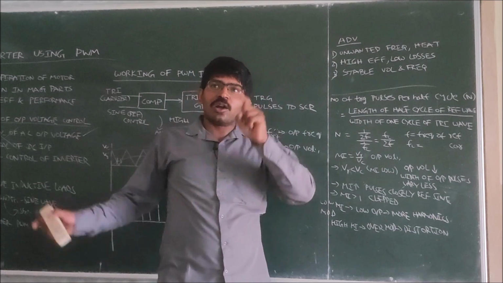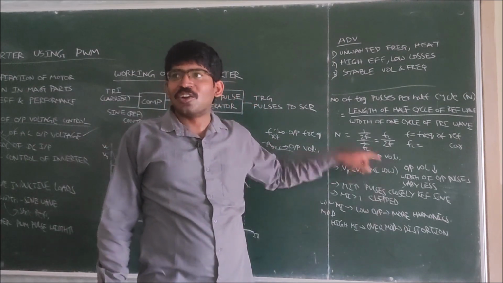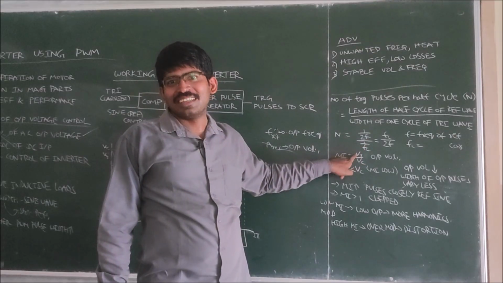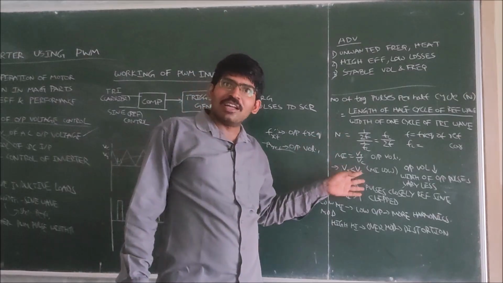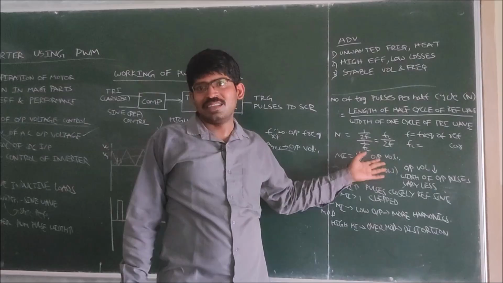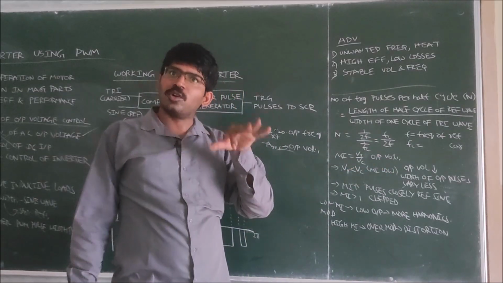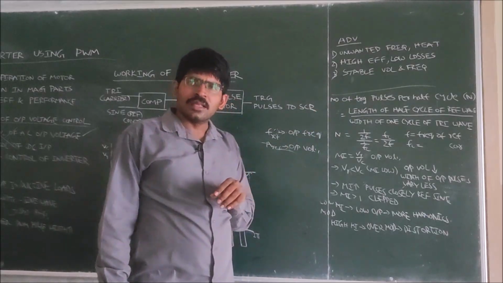In order to control the output voltage of the inverter, if we control this modulation index, then the output voltage will be controlled. This modulation index is controlled by using VR, the reference voltage. If we control the reference voltage, the output voltage will be controlled. What are the advantages?